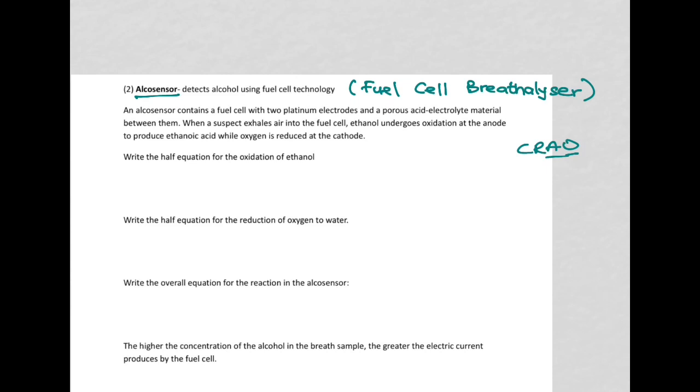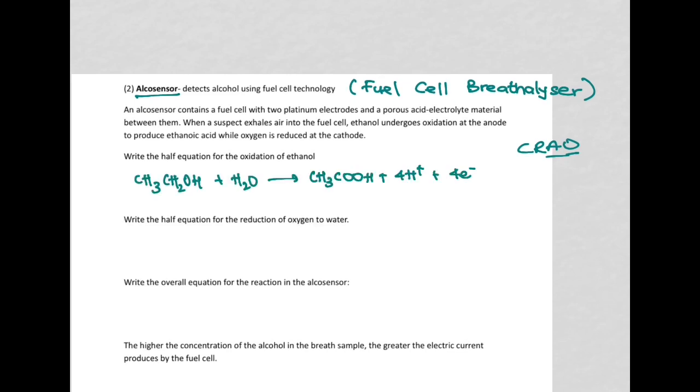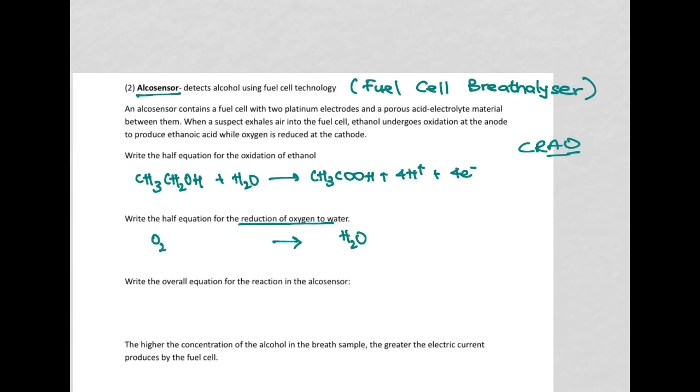So we'll have the oxidation of ethanol, just like we just wrote down previously. And then you have the equation for the reduction of oxygen to water. So I write the two species, and then I will balance the equation. So I balance the number of oxygen first, then I balance the hydrogen with H+, so 4, and then I balance the charges with electrons.